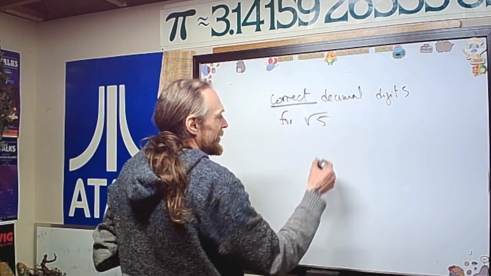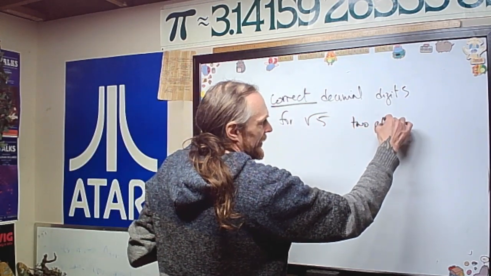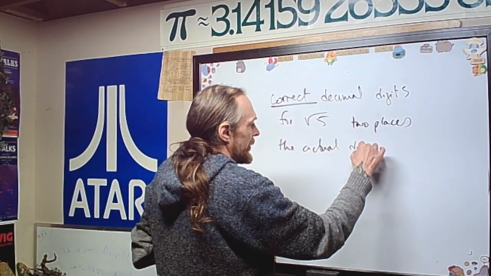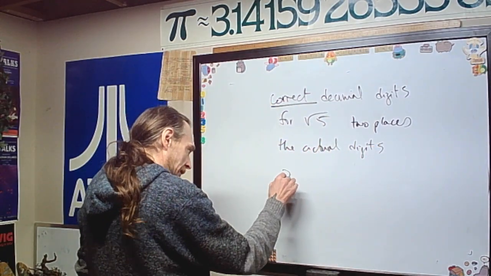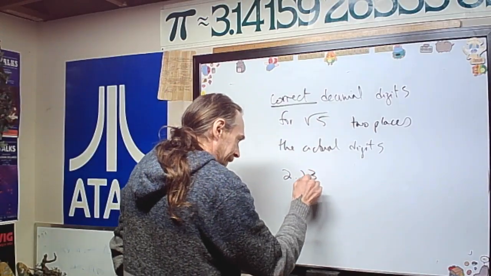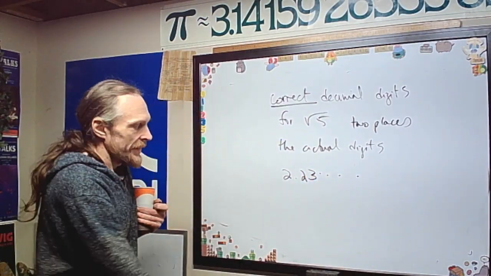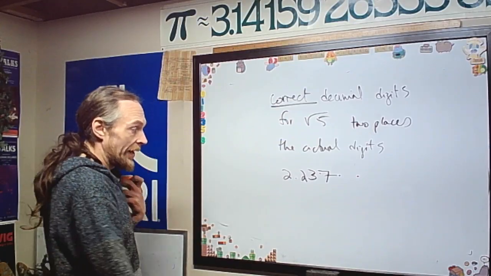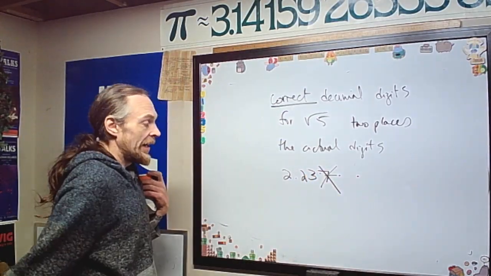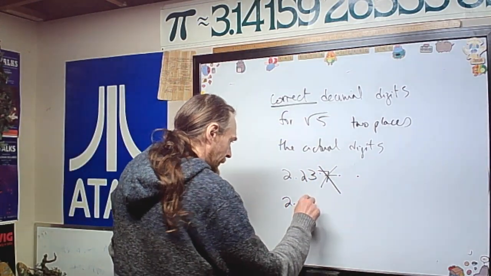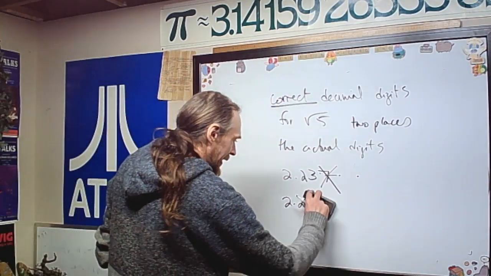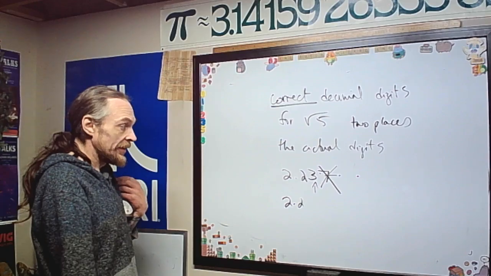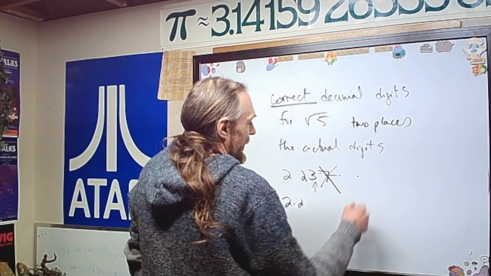And correct to 2 places, the actual digits in its expansion are 2.23 and then a bunch more. So yes, if there was a 7 up there, wouldn't I round it? But this is not what I'm interested in doing. I'm not trying to say, oh, it's 2.24. That's lost the whole point. What I'm trying to do is I want that to be the actual digit that would be there in its expansion.